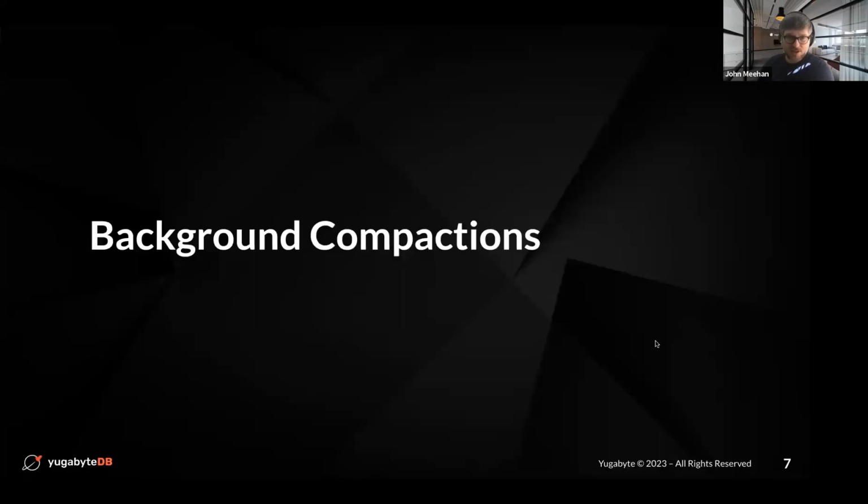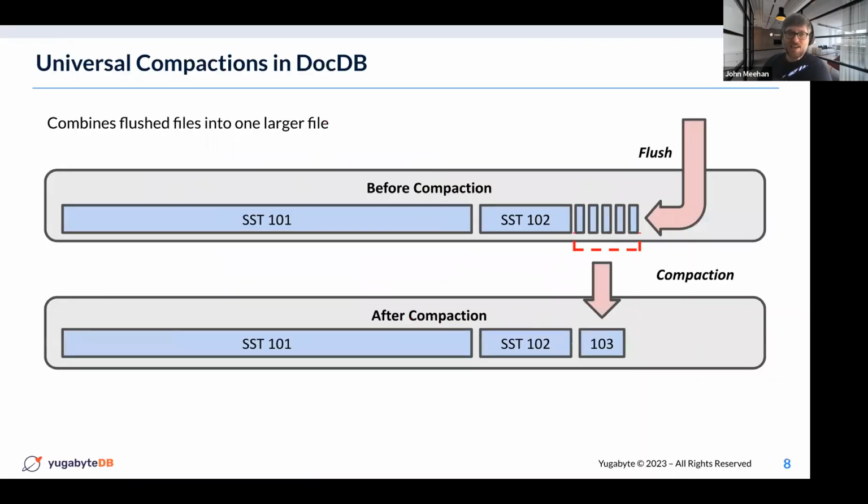So to start with, I want to give some background on what we call background compactions. What a compaction does is it combines files as they are written to disk into one larger file. So one thing it does is those immutable mem tables that get written to SSTs are very small, and those get compacted into larger files so that we're not reading from hundreds or thousands of files every time we're doing a lookup.